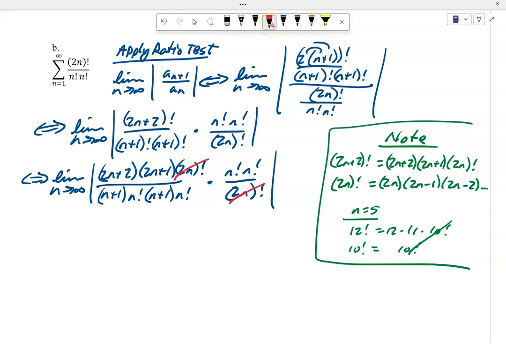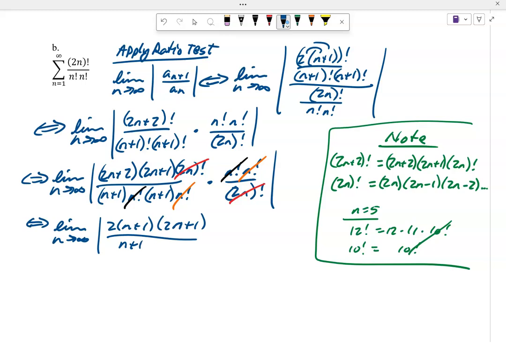And I'll see those cancel, n factorial, n factorial, n factorial, n factorial. So I've got 2n plus 2, I'm going to take a 2 out of that. (2n+1). I got an n plus 1, I got an n plus 1. So see how those n plus 1s cancel.